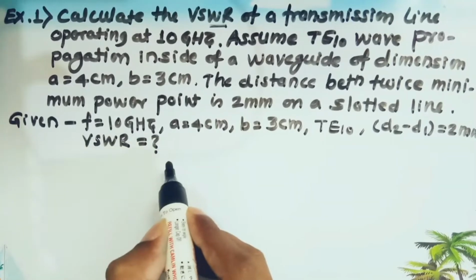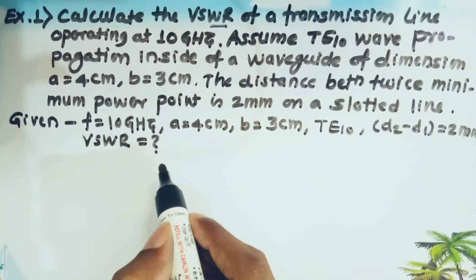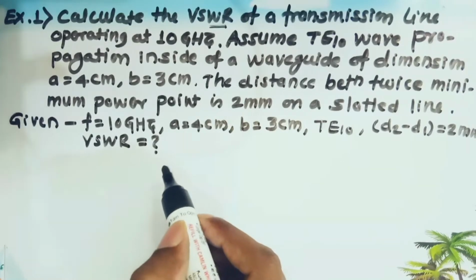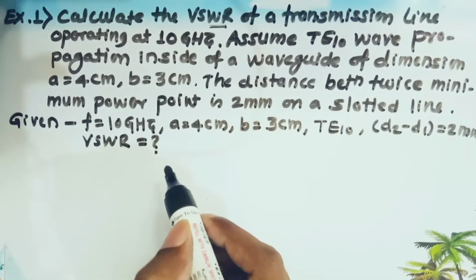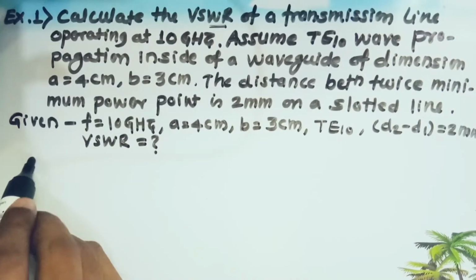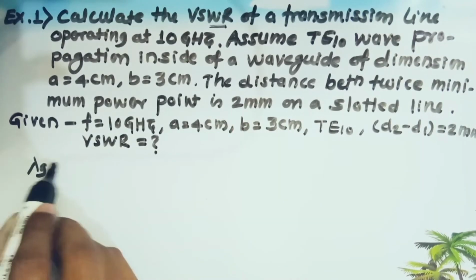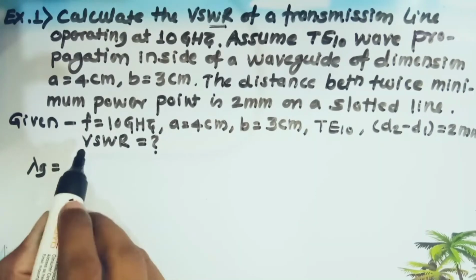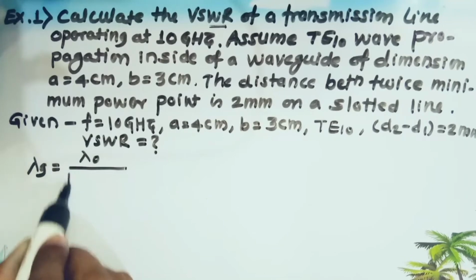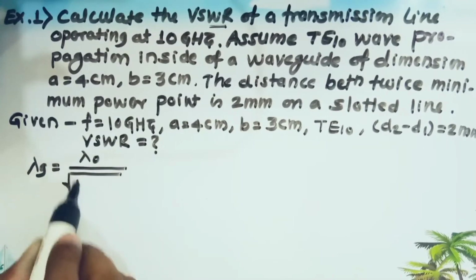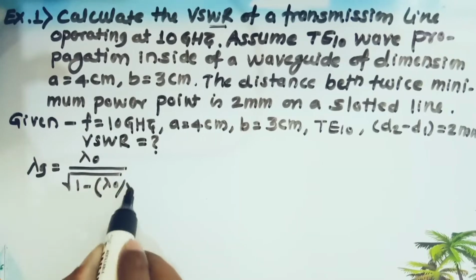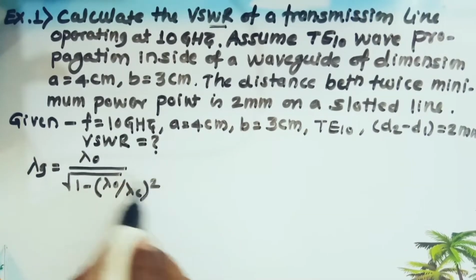Now to calculate the VSWR, first we are going to find the guide wavelength, that is lambda g. So lambda g is given as lambda g equals lambda 0 divided by the square root of 1 minus (lambda 0 divided by lambda c) whole square.